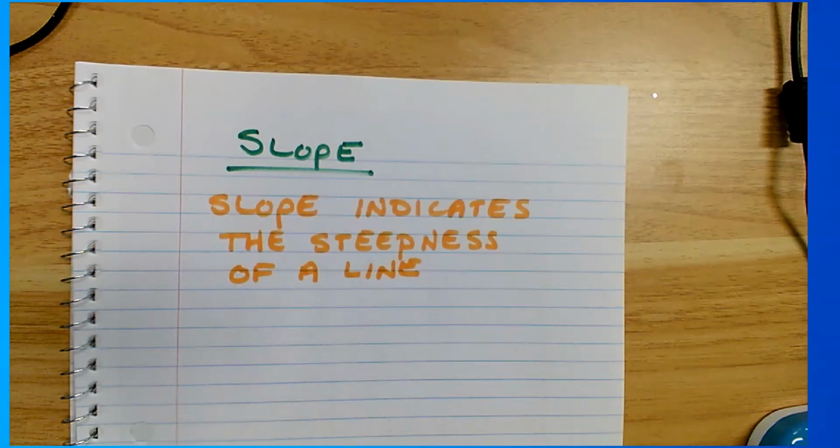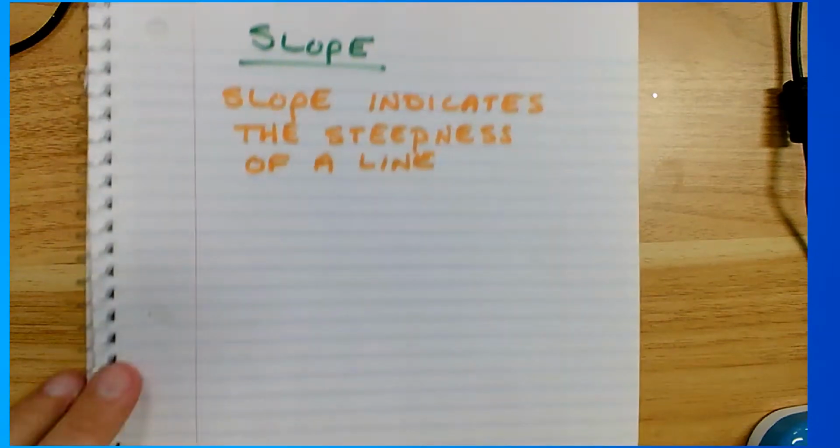Just like we use feet to measure the length of an object, we use slope to measure the steepness of a line. So I'm going to draw 2 lines here.